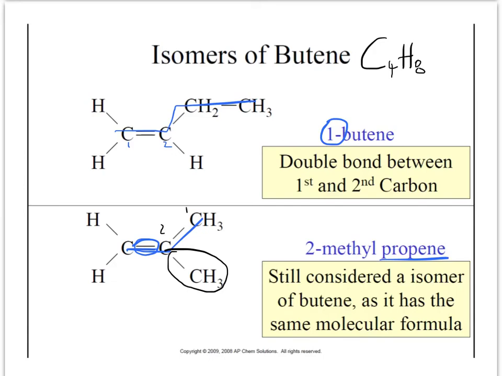So the name of this structure is going to be 2-methylpropene. 2-methyl because there's a methyl group off of the 2nd carbon, and propene because the longest chain is a propene structure. This is still considered an isomer of butene because they both have the C4H8. Even though they're named completely different, they have the same structural formula, so they're both considered isomers of butene.